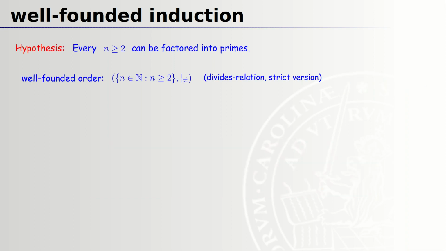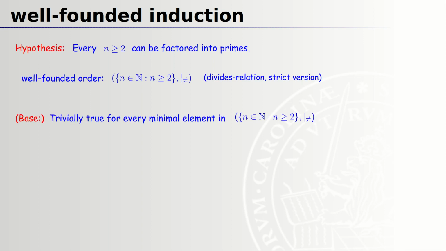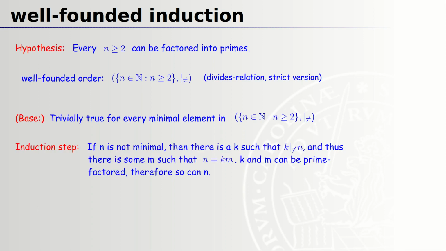Back to our proof. First, look at the cases where there are no smaller elements, that is, the minimal elements. As we saw, those are just the prime numbers, and every prime is trivially factored into primes, namely itself. Now the induction step. If n isn't minimal, it means some k not equal to n divides it.